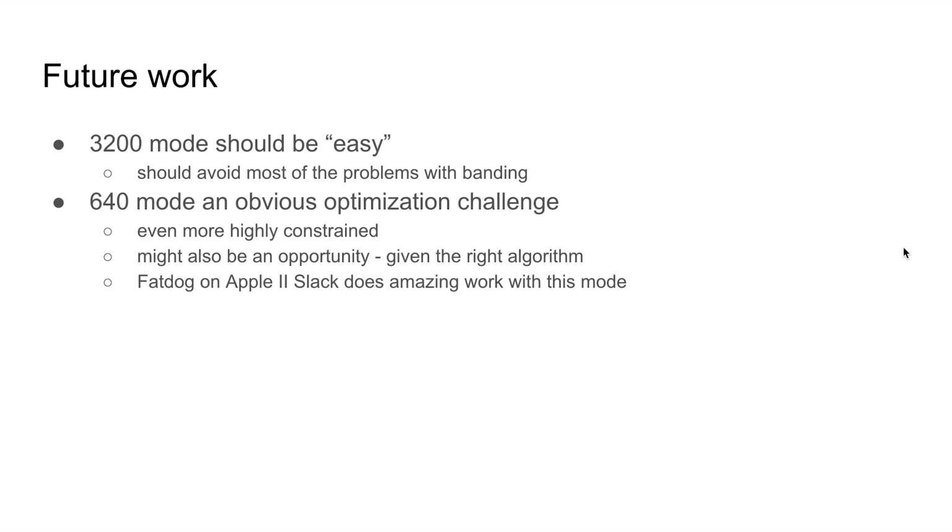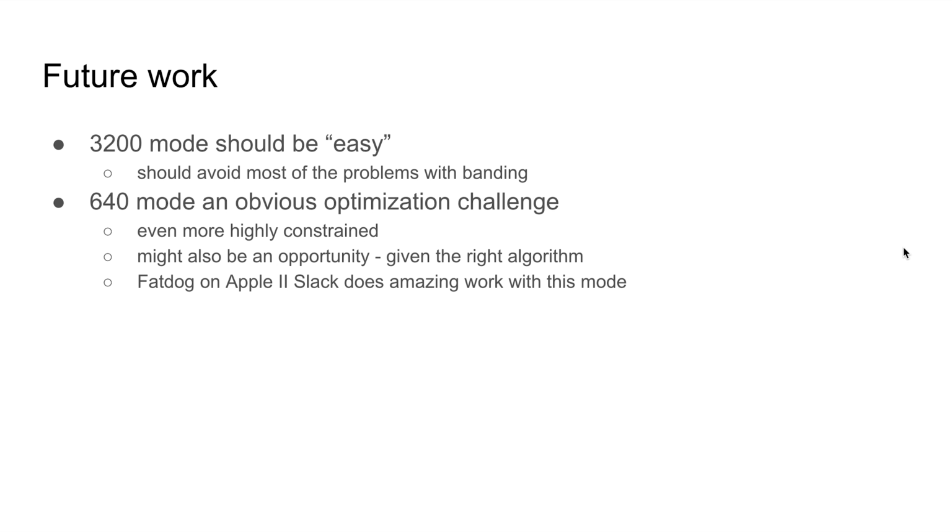Dealing with 640 mode seems more challenging because there are extra optimization constraints from the fact that we have 4 sub-palettes that we have to choose within each of the 16 palettes. And so that's a more highly constrained problem, and it makes it harder to produce images of similar quality. The flip side of that is that this might potentially be an opportunity, given the right algorithm.